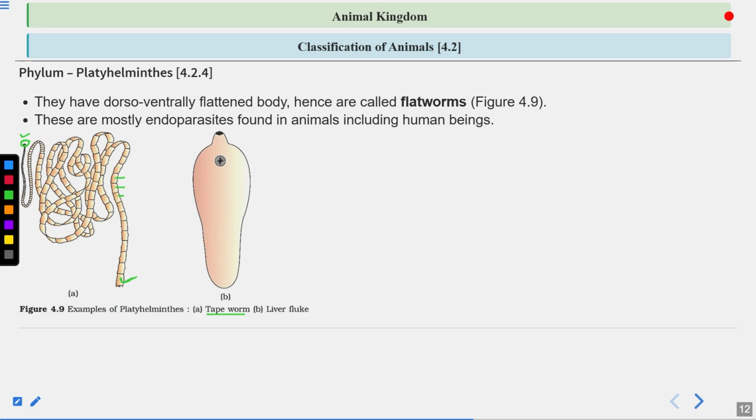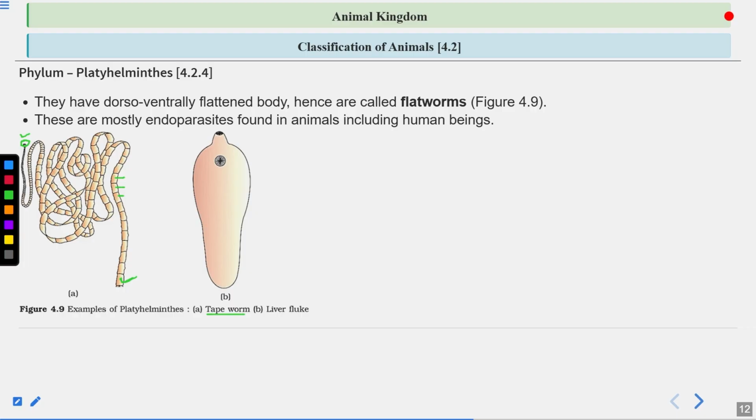And if it is not cooked properly, then this proglottid enters inside your stomach, in the gut, and they will produce a whole organism inside our body, right? So this is very, very important.